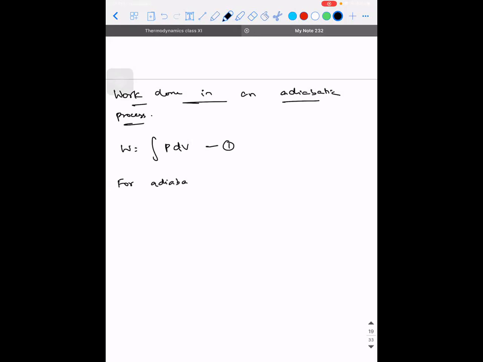And for an adiabatic process, P into V power gamma is equal to constant. So work done will be the integral from V initial to V final. In the place of P, I can write the constant K divided by V power gamma into dV.